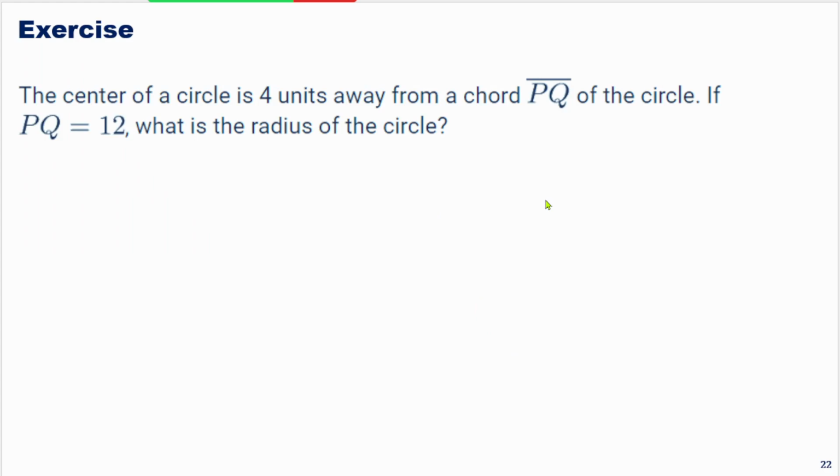The center of a circle is 4 units away from a chord PQ of the circle. If PQ is 12, what is the radius of that circle? Okay, first of all, you have to construct the diagram by yourself. I'll give you 2 minutes to consider this problem.